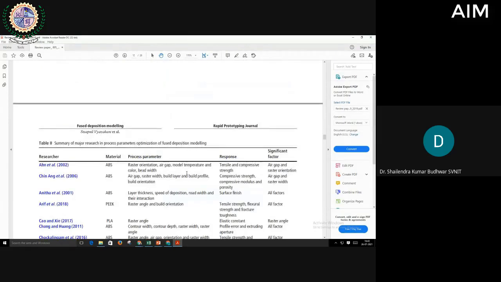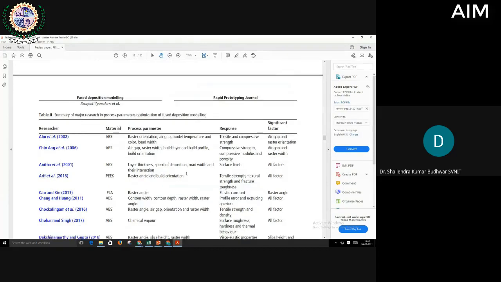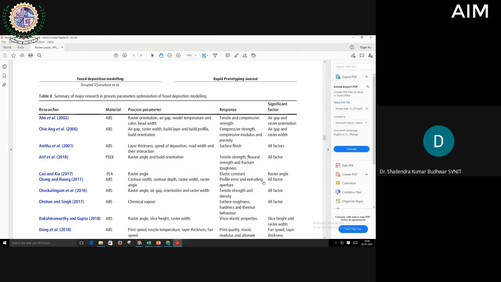And a summary of major research in process parameter optimization for fused deposition modeling. Based on the response, how this response can be improved by optimizing the process parameters. They identified the significant parameters and the optimal values of these parameters to get the maximum values of these responses.